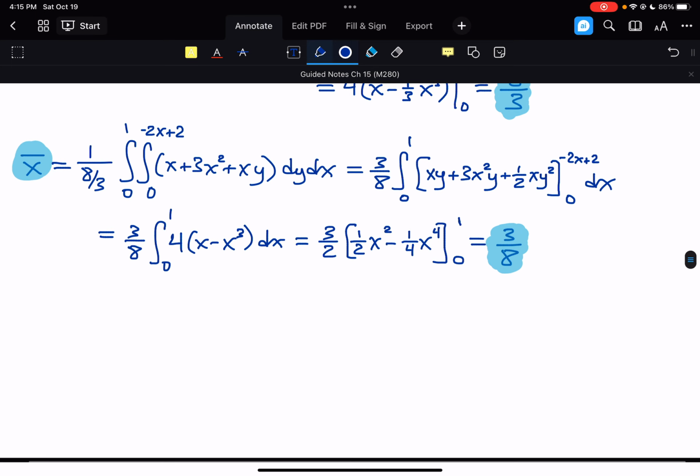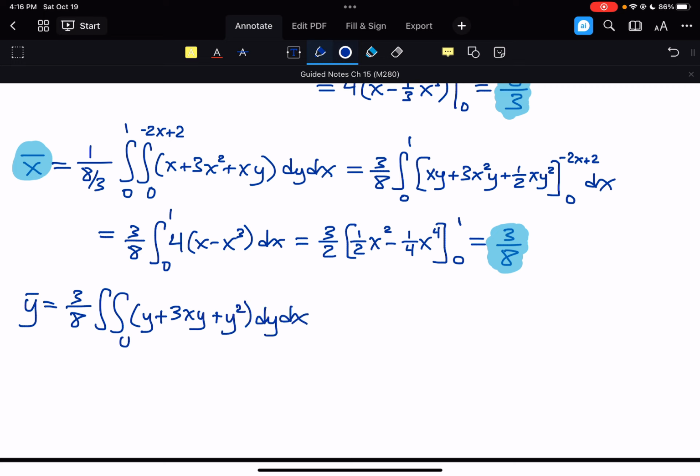And then for y bar, this goes pretty similarly. So we get 3 over 8, double integral. Everything's getting multiplied by y this time. So we have y plus 3xy plus y squared dy dx.